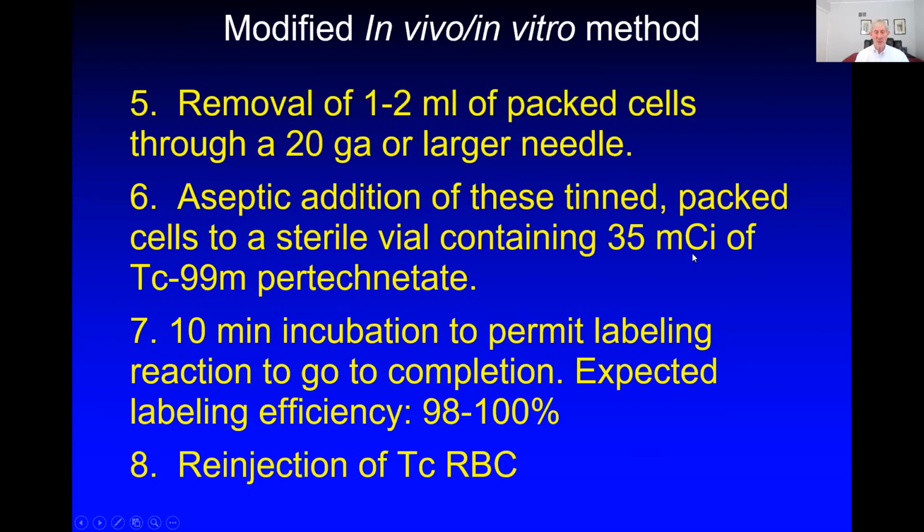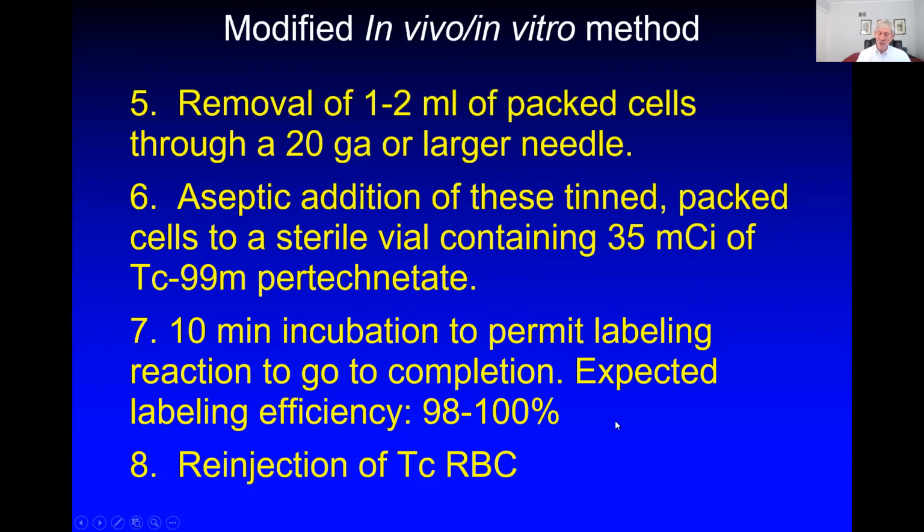Using a special technique, we take out a couple of milliliters of packed tinned cells through a large gauge needle, usually a 19 or an 18 gauge needle. And then we aseptically add those to a sterile evacuated vial containing 35 or 40 millicuries of pertechnetate. We're not going to inject that much, but we put that much in there.